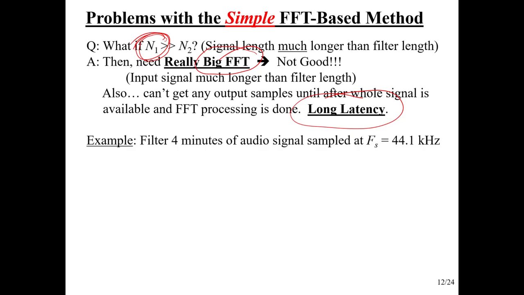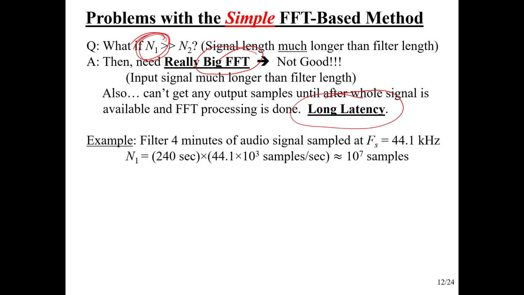So there we have a filter and 4 minutes of audio signal sampled at 44.1 kilohertz. So the size of N1 is about 10 to the 7th. So we're going to have a huge FFT.